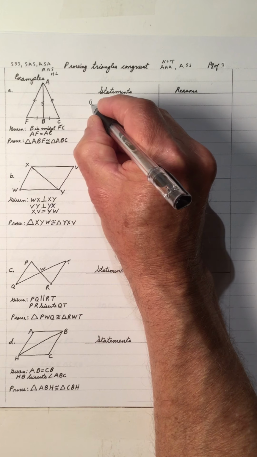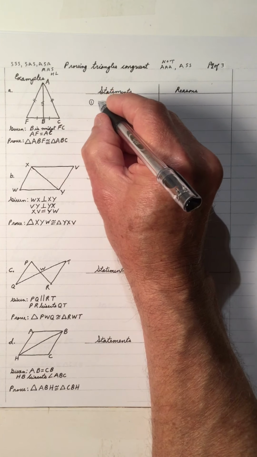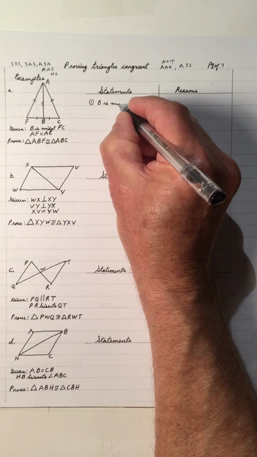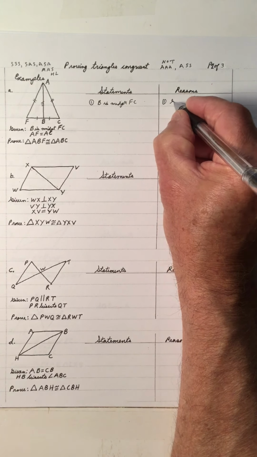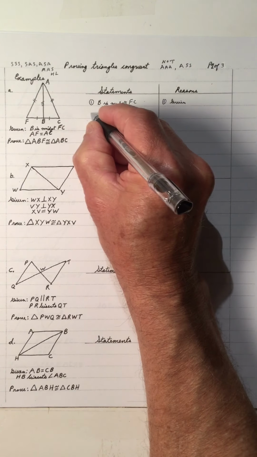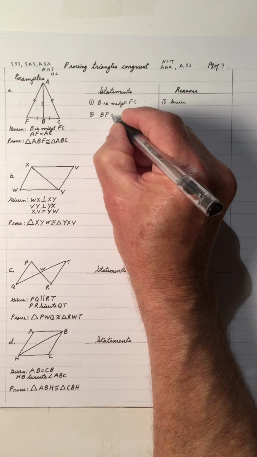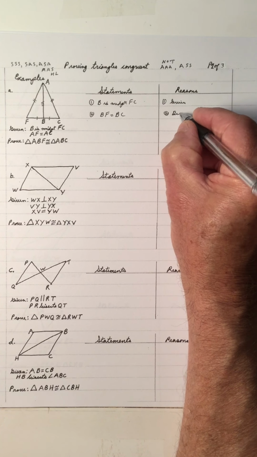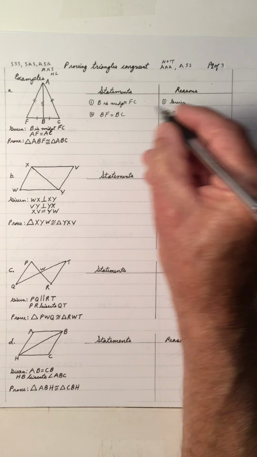So since I have the proof done in my head, now let's write it up. B is the midpoint of FC, given. And if B is the midpoint, that means BF equals BC, definition of a midpoint, because the midpoint is in the middle.